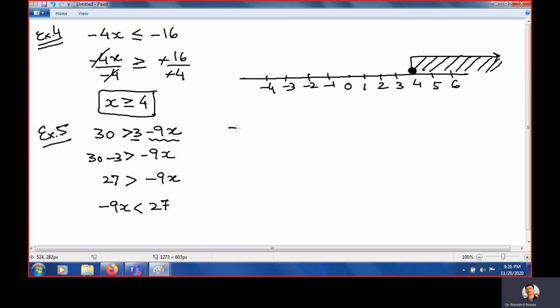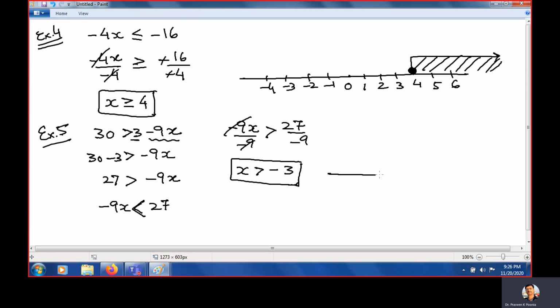Now if you divide minus 9x by minus 9, this less than sign will change into greater than sign. Please focus here. Clear? This less than sign will change into greater than sign. This cancelled. So x greater than minus 27 divided by 9, which is 3.